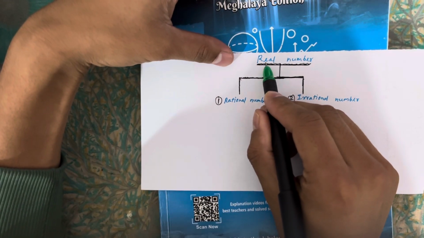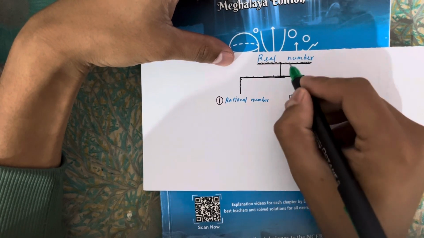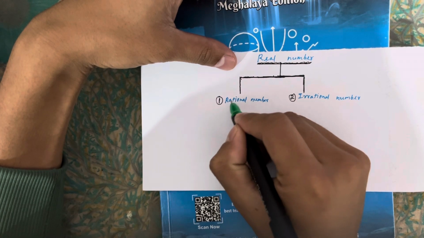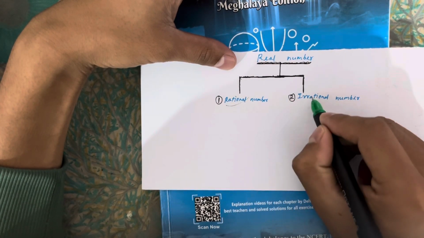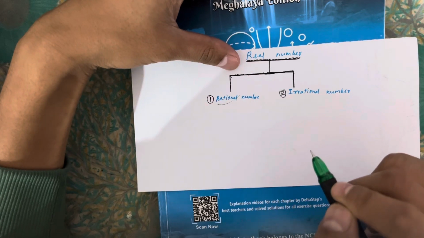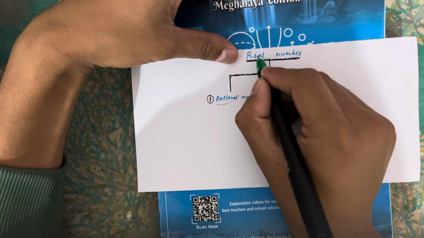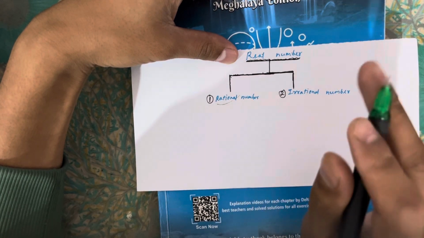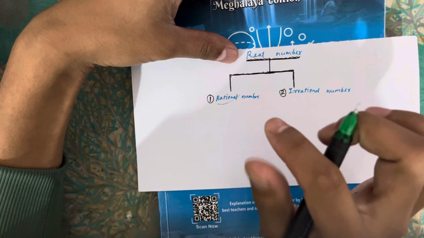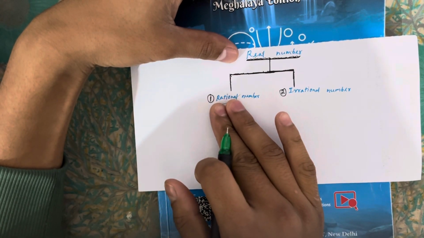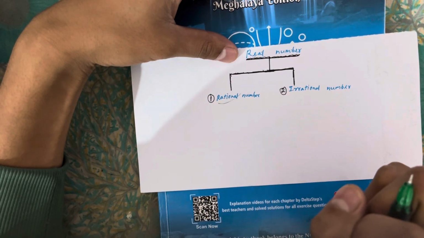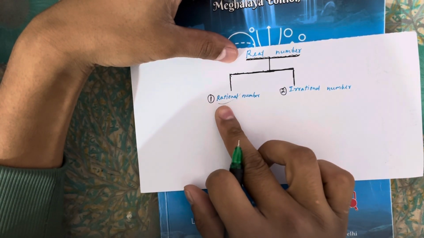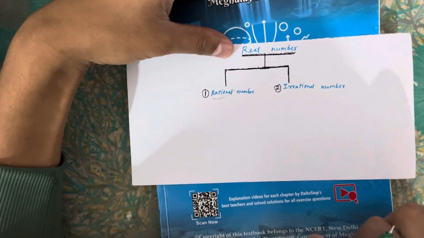A real number is made up of two types: number one is rational number, and the second one is irrational number. So a real number is made up of rational number and irrational number.